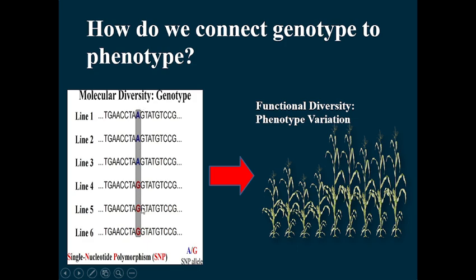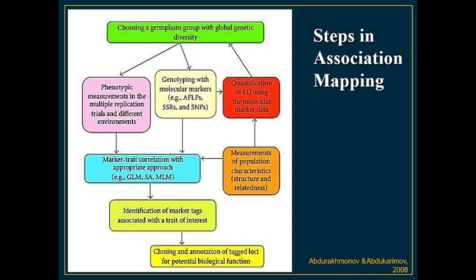You can see this position is polymorphic, hence we name it a single nucleotide polymorphism, and this is the phenotypic data. Now we have to connect our phenotypic data and genotypic data, and based on that we will be able to identify a particular region, location, SNP or marker for a particular trait which we are analyzing.